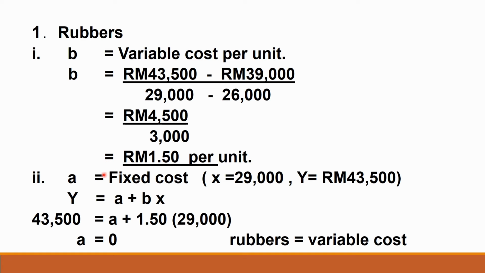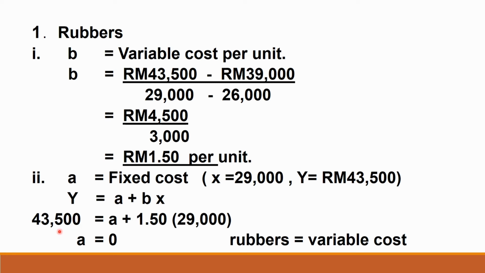After that, you have to calculate fixed cost, the second step. So A represents fixed cost. We take the amount for 29,000 units. Okay, this one is the highest unit, and we must take the highest cost. So we have to substitute the amount in the formula.